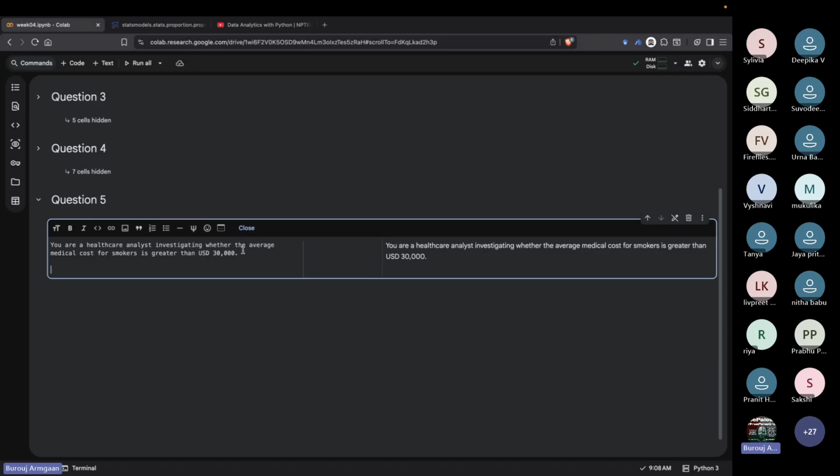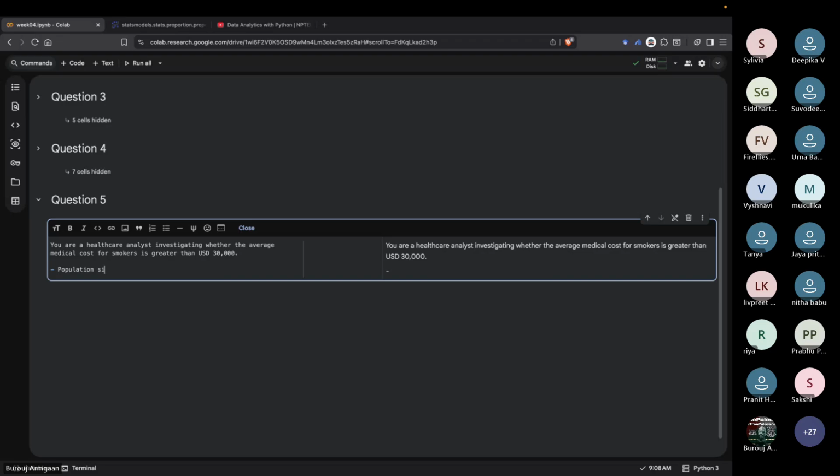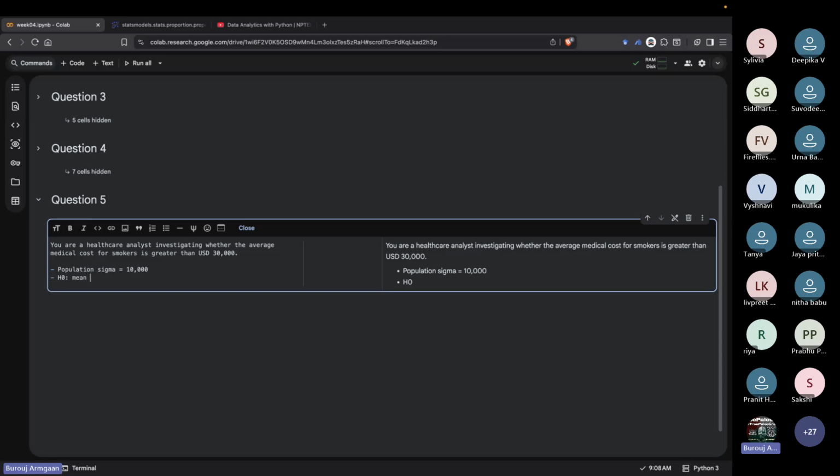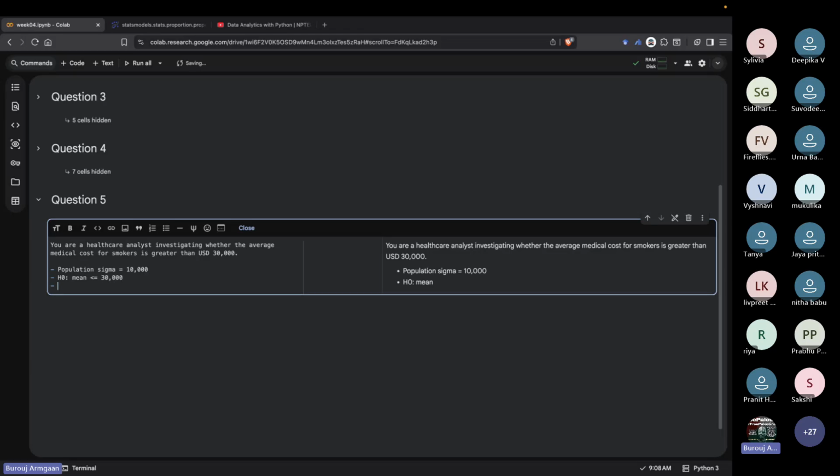You have some patient data and you believe that smokers have to pay more than 30,000 for whatever period you are noticing. You already know that your population sigma is, suppose, 10,000, and you would like to test your hypothesis. Your null hypothesis says that the average is less than or equal to 30,000, and your alternate hypothesis says that it is actually greater than 30,000 for these smokers.